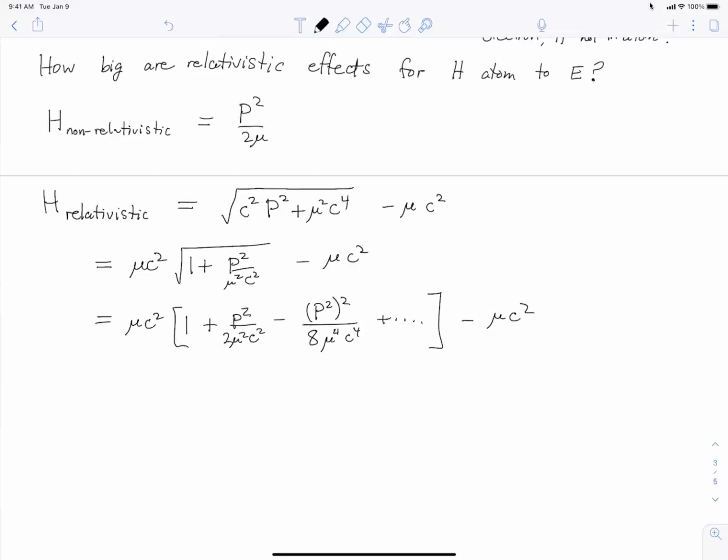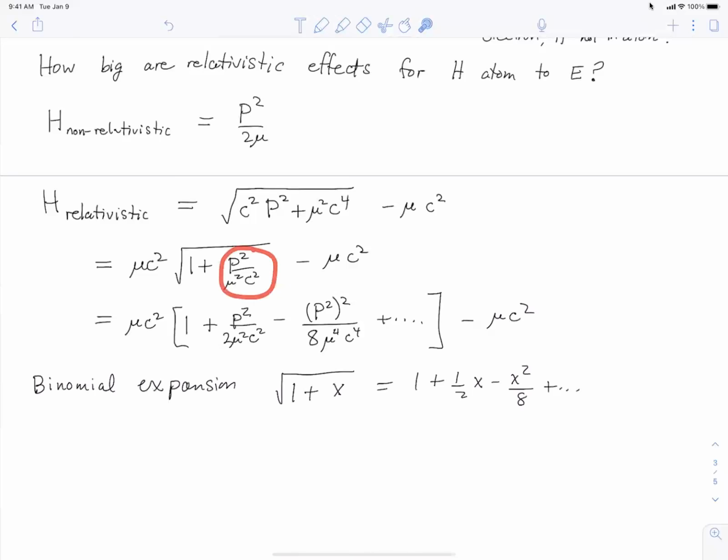So what I've used there is the binomial expansion, which says if you take a square root of 1 plus a small number x, that's 1 plus 1/2 x minus x squared over 8 plus dot, dot, dot. And so we've just applied that with x being p squared over mu squared c squared, which we're taking to be a small number because if you plug in the expectation value of p squared, you find out it was indeed a small number.